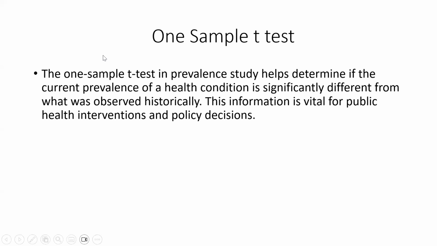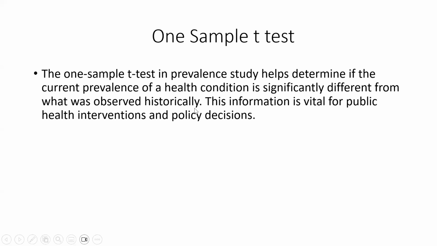For example, now we are going to conduct a study on the prevalence of diabetes mellitus. First you will form a null hypothesis, and then you will form an alternative hypothesis. One sample t-test will tell if the current prevalence of diabetes mellitus is significantly different from what was observed historically.